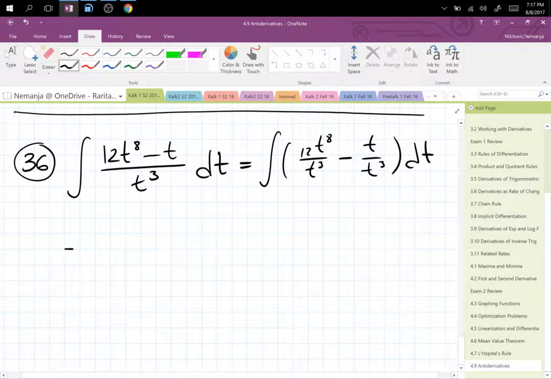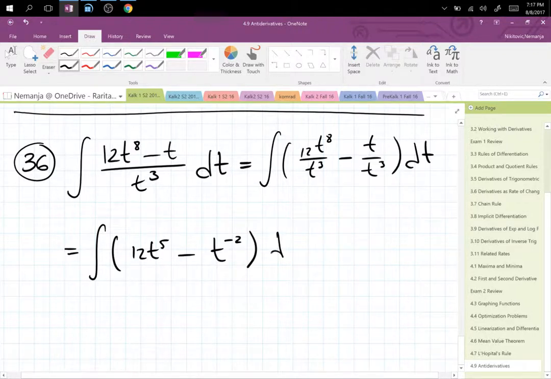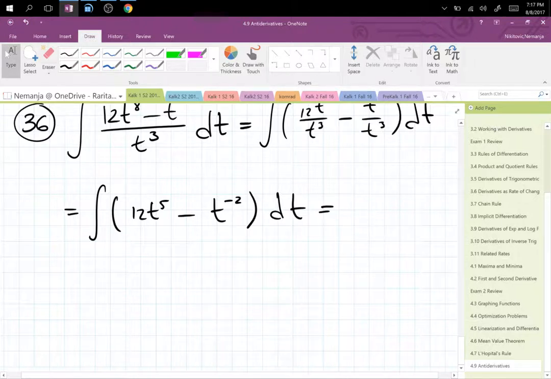Simplify these first. So we have the integral of 12t to the 5, because 8 minus 3 is 5. And then minus t to the negative 2, right? Because 1 minus 3 is negative 2. So what are the integrals?